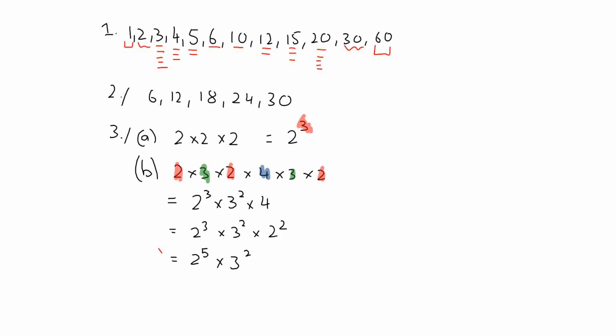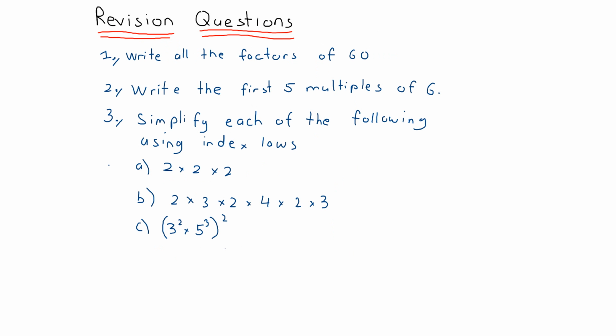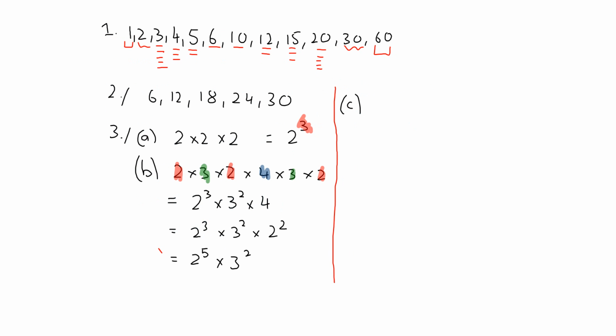Okay, let's do our last one. So we've got 3c. And that was, I'll just double check, 3 squared times 5 cubed, all squared.